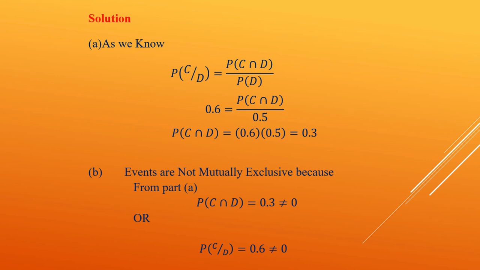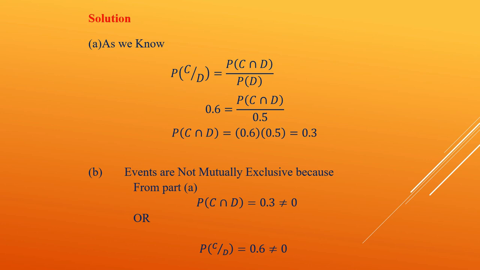In part B, we check whether the given events are mutually exclusive or not. From part A, probability of C intersection D equals 0.3. It is not equal to 0.